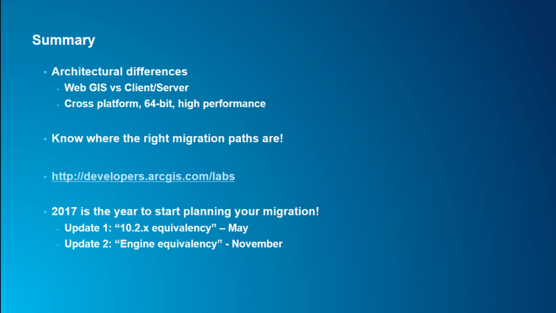It's very important whether you're going from Engine or 10.2x. We hope that you'll refer back to this session so you can see where your migration plans should fit. Again, great starting points of educating yourself on the new design, develop paradigm and preparing your data paradigm for ArcGIS Runtime 100 and going forward, /labs off of developers.arcgis.com.